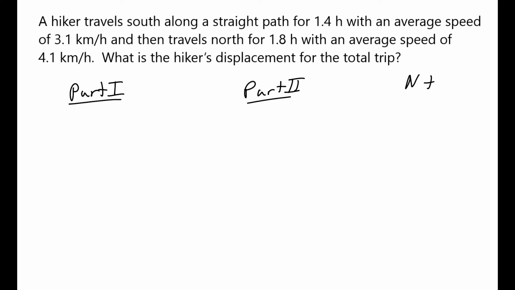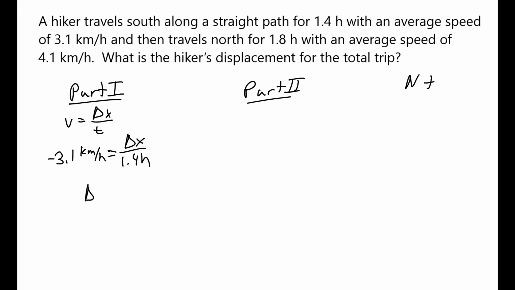So for part 1, we're going to use v equals delta x over t. So our velocity, when we're going south, since south is negative, is going to be negative 3.1 kilometers per hour equals delta x over 1.4 hours. Our units match, so we don't need to convert at all.